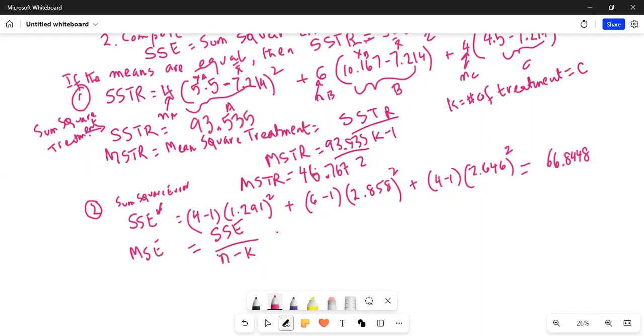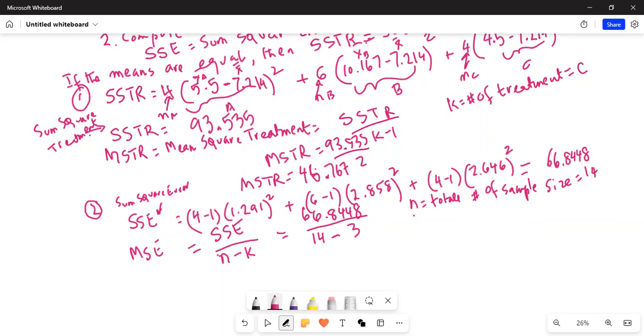So sum square error is 66.8448, and we are dividing by N. N is the total sample size, 14 from A, B, and C, minus k, which is 3.